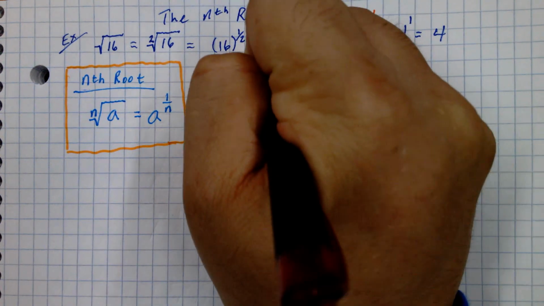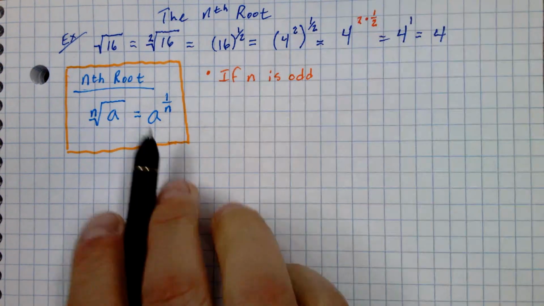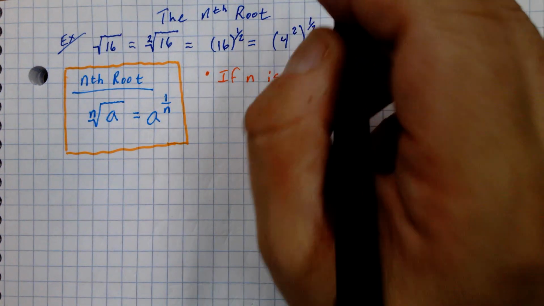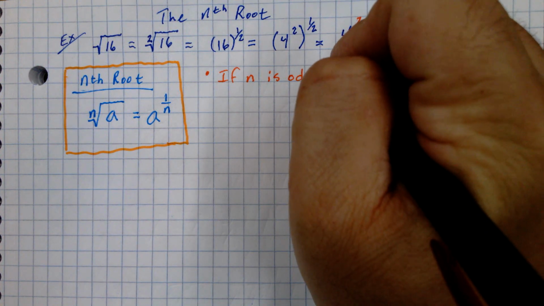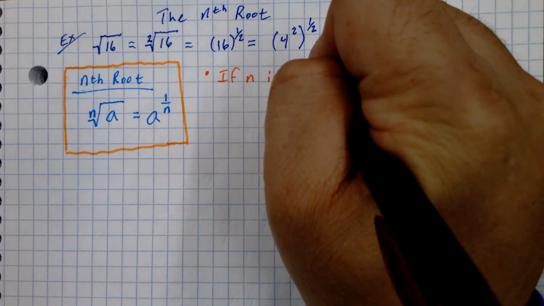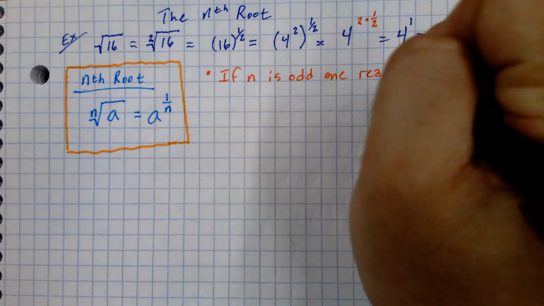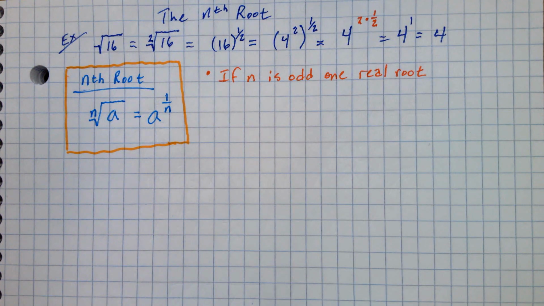If n is odd, so if this number or that number is an odd number, you have one real root. So you have only one answer.